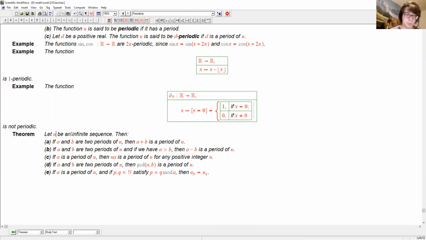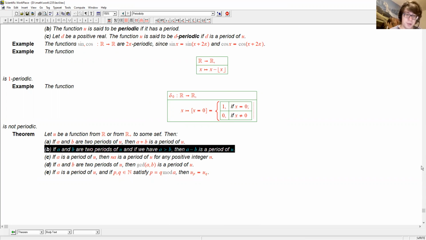So let U be a function from R or from R plus to some set. Then if A and B are 2 periods of U, then A plus B is a period of U. This literally holds. If A and B are 2 periods of U, and if we have A bigger than B, then A minus B is a period of U. Again, this is still true.